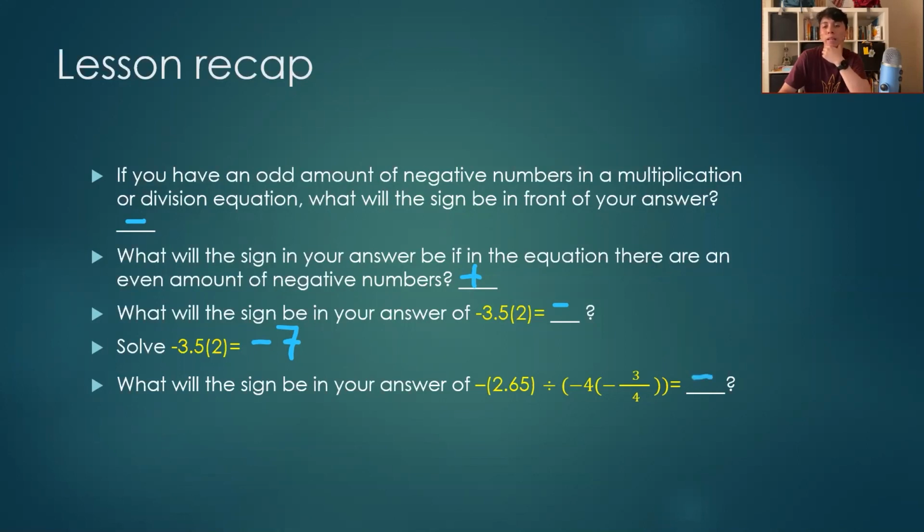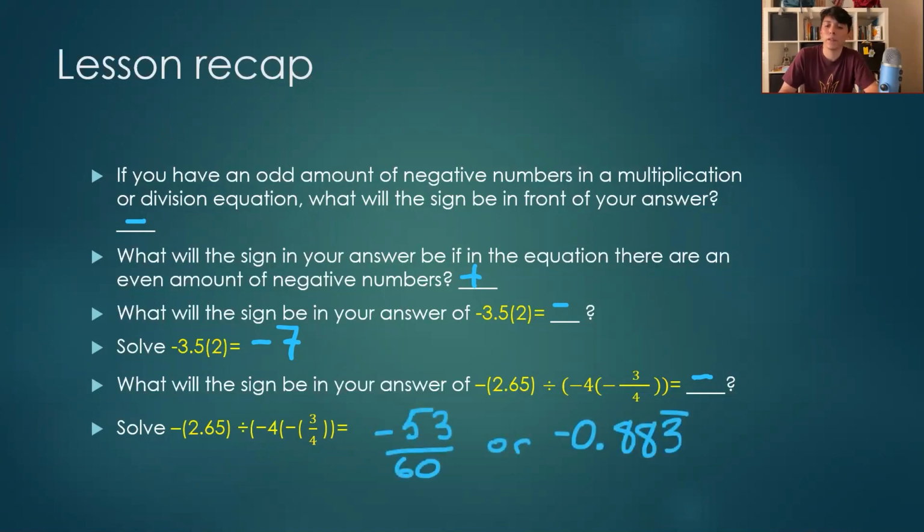You should have gotten a negative for your answer. Now I want you to solve this for me, please. Pause, write it out, and resume when you're ready to see the answer. So you should have either gotten negative 53/60 or negative 0.88 with 3 repeating.